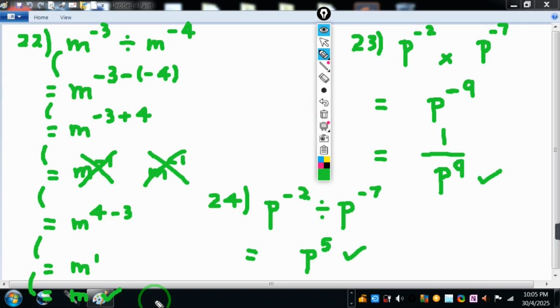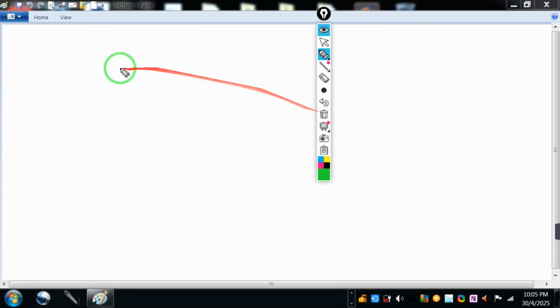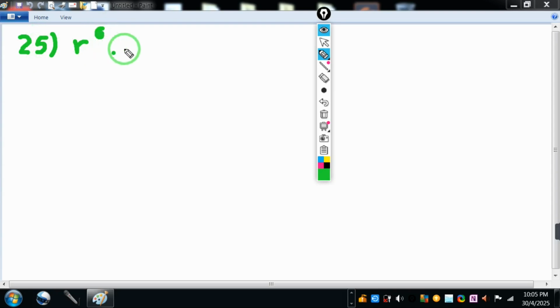Any step. Okay, now 25 will be R to the power of 6 and R to the power of minus 10. For our sake, we know what is R6 and R minus 10. Is it R6? Yes. R to the power of 6. Now just put a dot here this time.